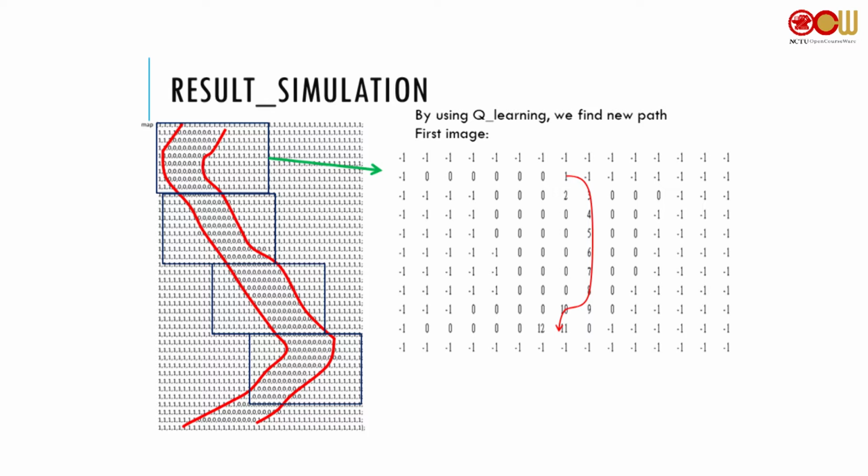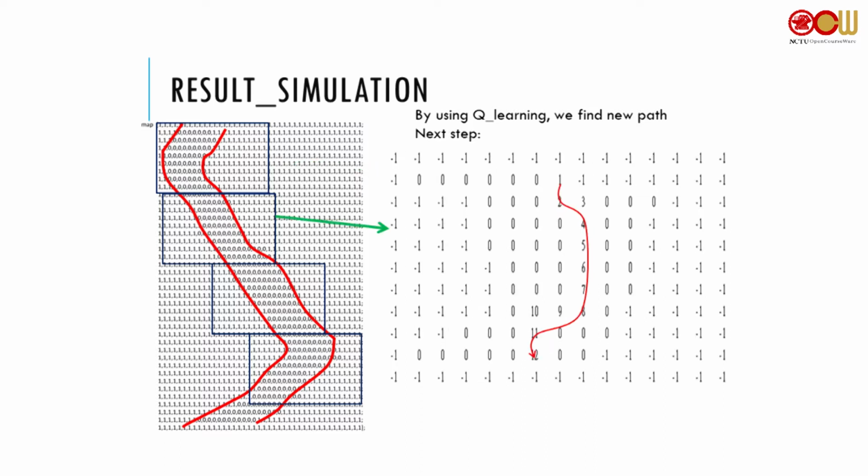On the right side we use Q learning and find a path, which has steps 1, 2, 3, 4, 5 to 12. So it can reach a goal, and when it reaches this goal, we move on to the next window. It does the same steps, so the document can work with this same learning and find the way.